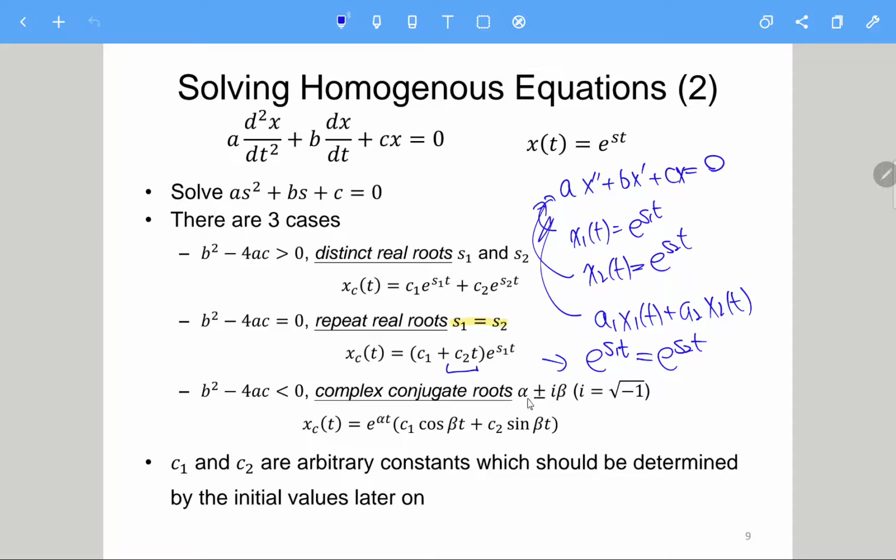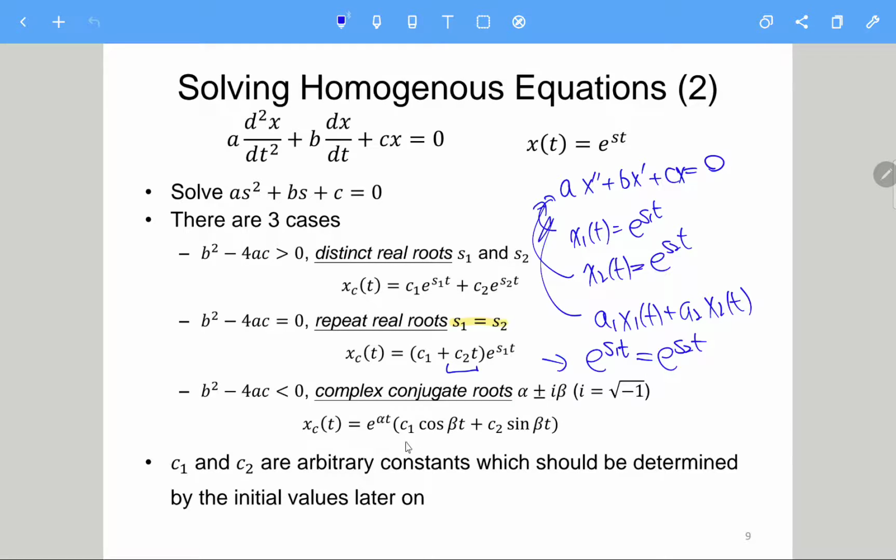So we assume that if this delta is smaller than 0, then it is a complex conjugate root, so we have alpha plus or minus i beta, and i is the square root of minus 1.